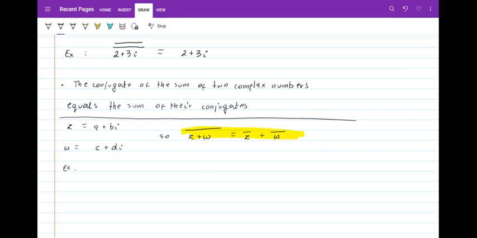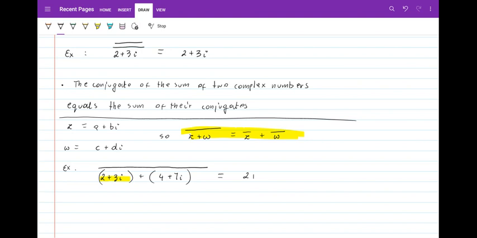So we have to find, we have 2 plus 3i complex number plus another complex number, and they will ask you to find the conjugate. So instead of adding two complex numbers together and then taking the conjugate, you can use the formula. z is the first complex number, which is 2 plus 3i.